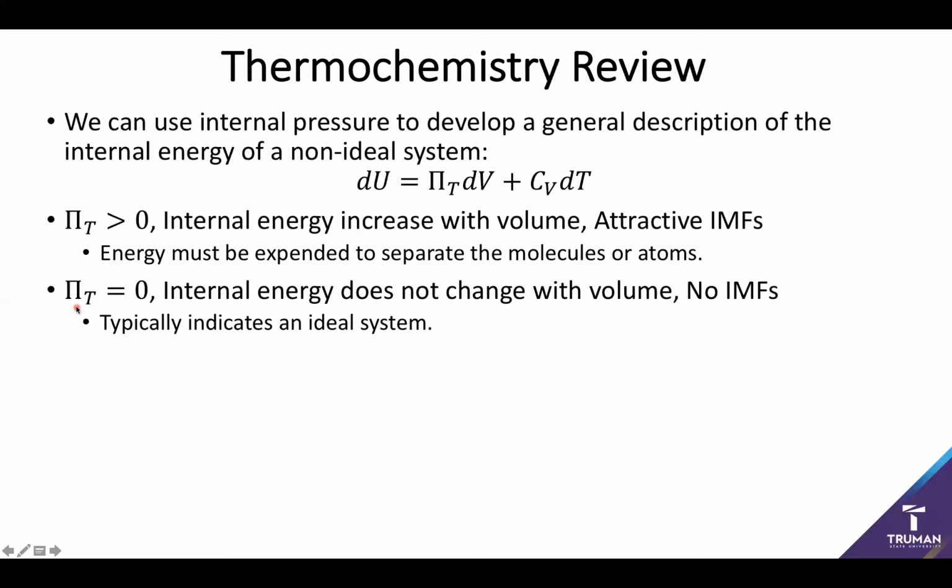In comparison, as we've already seen, if my internal pressure is equal to 0, it means that I've got no IMFs because if I increase or decrease the volume of my system, there's no change in energy, which again either means that I've got no intermolecular forces, or as we've seen before at the Boyle's temp, any attractive and repulsive intermolecular forces may just be canceling out.